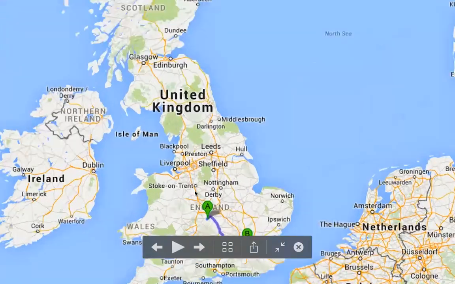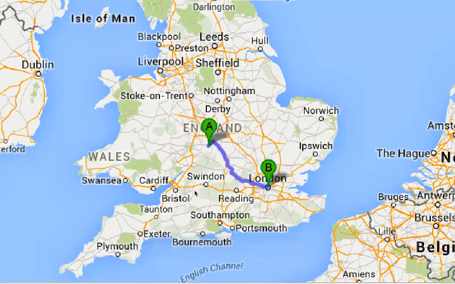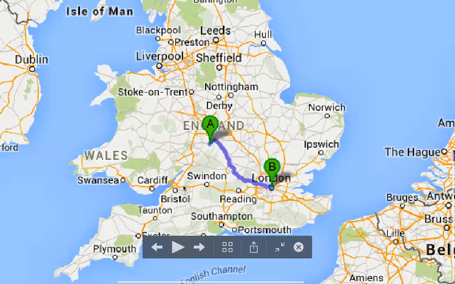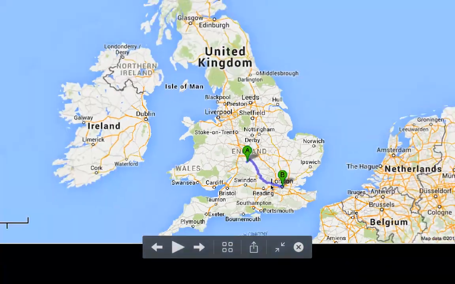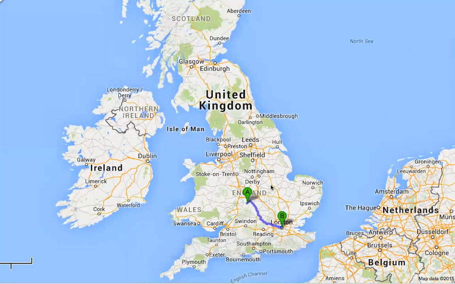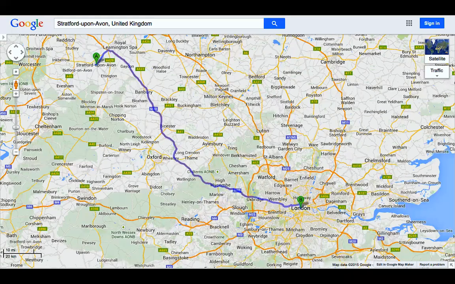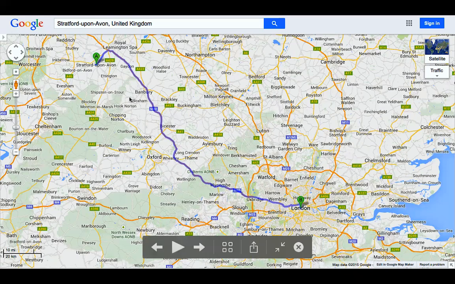He lived, of course, in England, which was not at the time unified politically. And this is just a Google map showing you how far away he lived, in a town called Stratford upon Avon. And so he was away from his wife for quite some time.